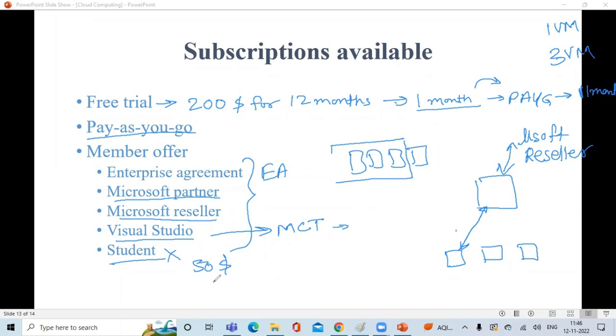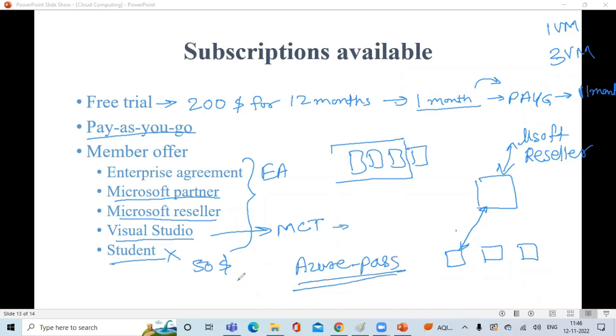You can just go for that student one and you can just apply for it. If you are part of that particular institute, then you will get that subscription. So like that.